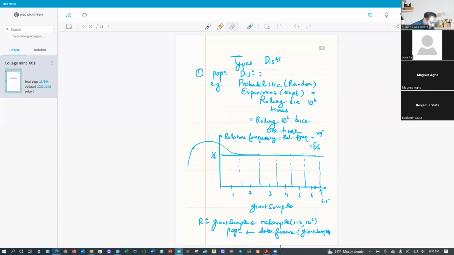It's called the uniform. Look at the shape. If you draw any smooth curve on the top of that one, you're going to have a straight line parallel to the x-axis. Uniform distribution, and more specifically, I can say discrete uniform, because the numbers are 1, 2, 3 like that. There's no decimals.